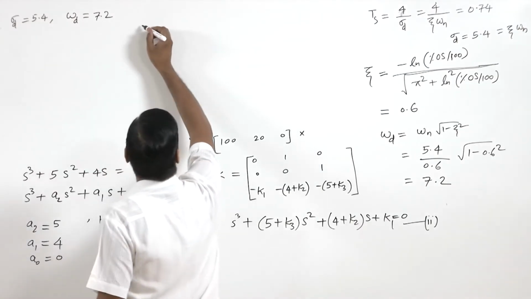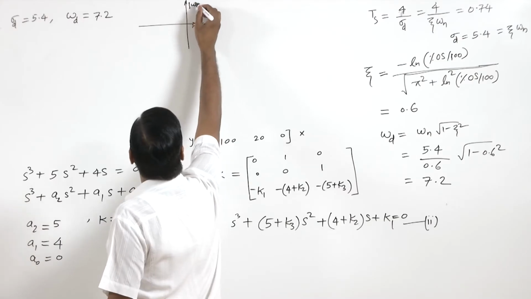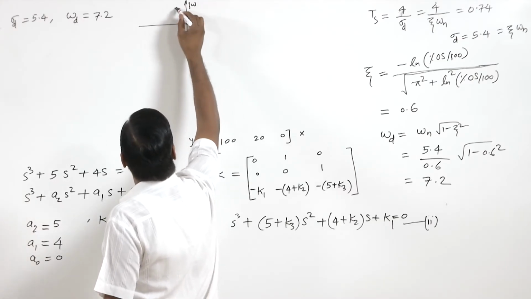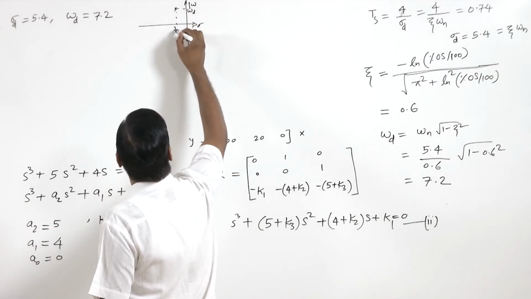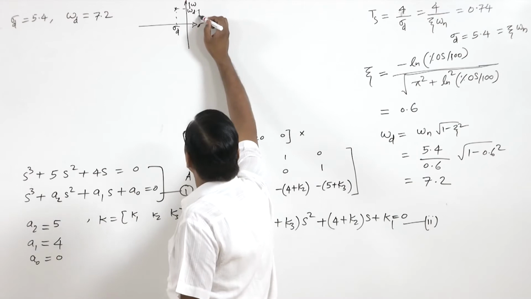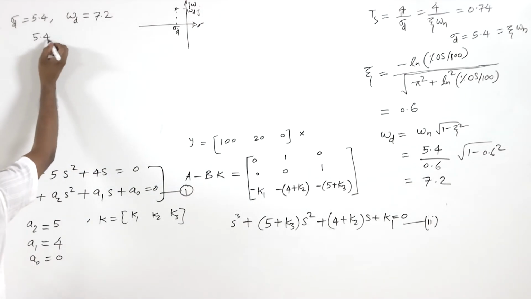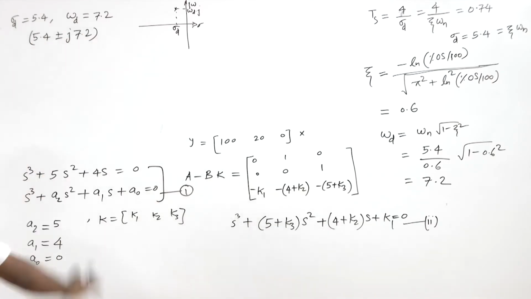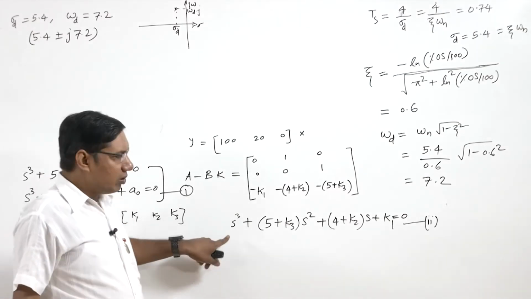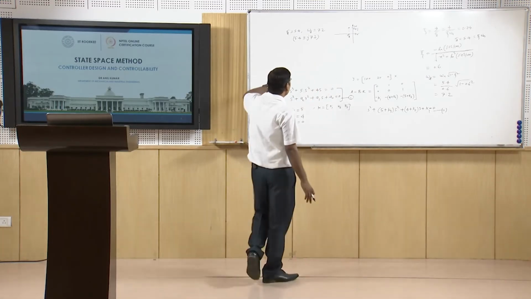So we have 5.4 plus minus j 7.2. These are the two poles, because this system has s cube, so there are total 3 poles. Out of 3, the 2 complex poles should be this.